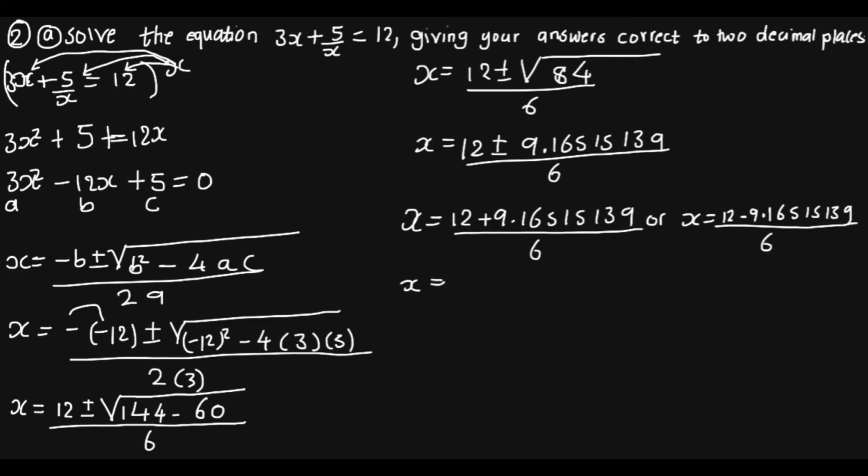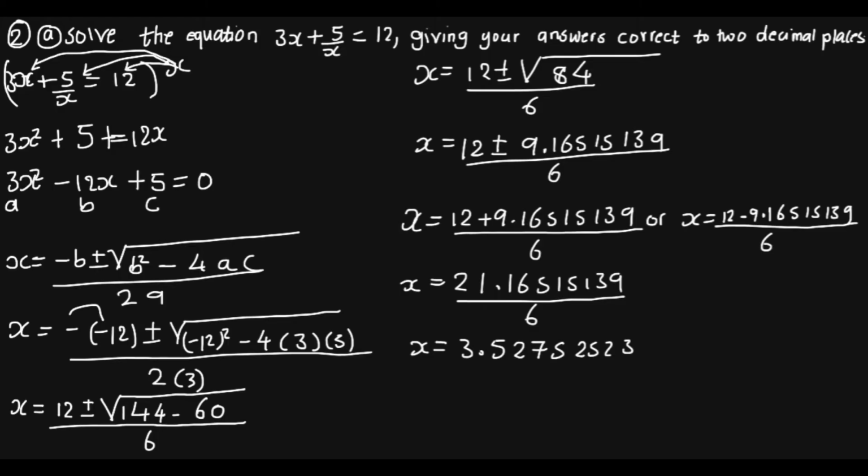Let's do the first part. 9.1651539 plus 12, I'm getting 21.1651539, over 6, then divided by 6, we have 3.527525232.